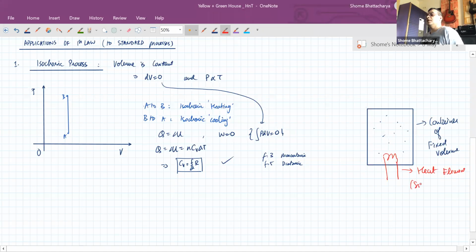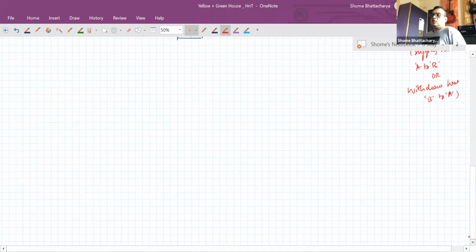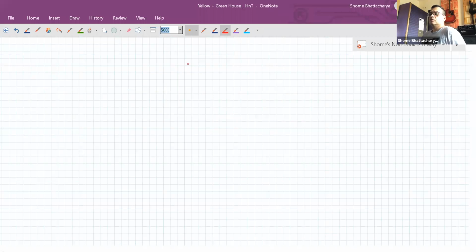So you can either supply heat, that is a process like A to B, which I've shown there, or you can withdraw heat from the gas. That would be a process like B to A. The pressure and temperature would be decreased in that case. Now let's move on to the next of the standard processes.